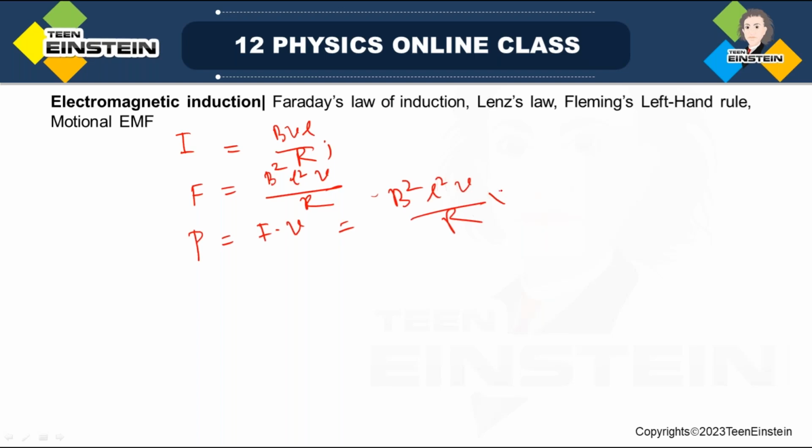Force is B square L square V by R. So the power is B square L square V square divided by R, supplied by the external source. And power dissipated by the loop.